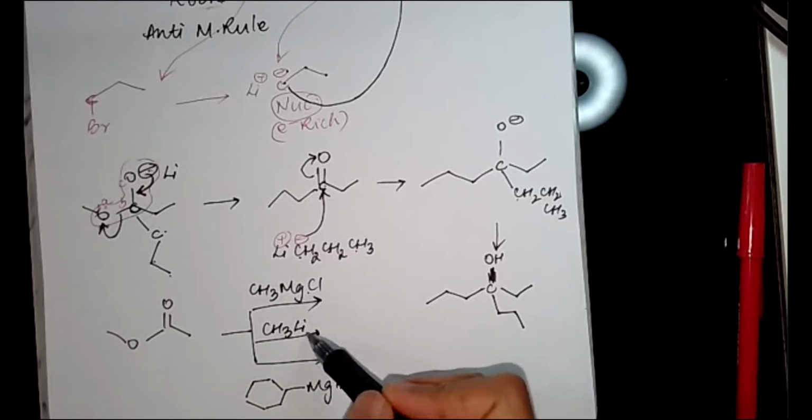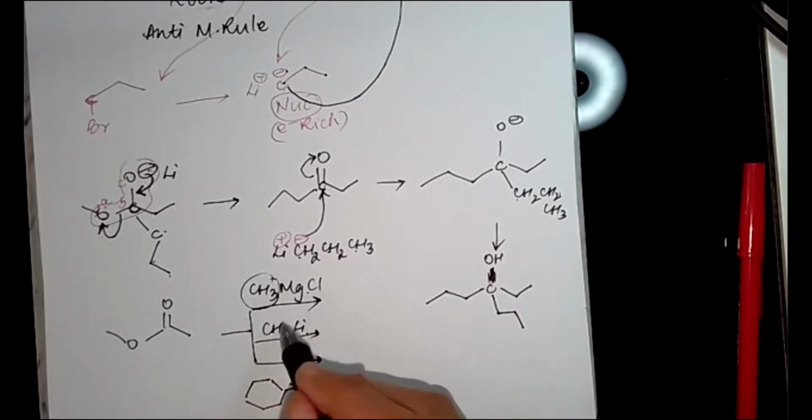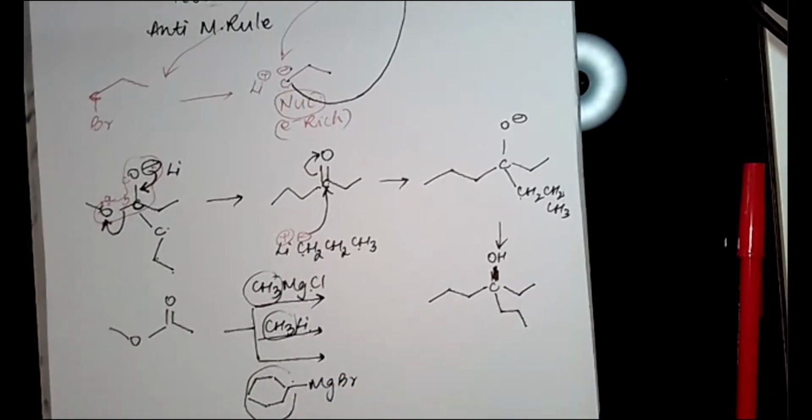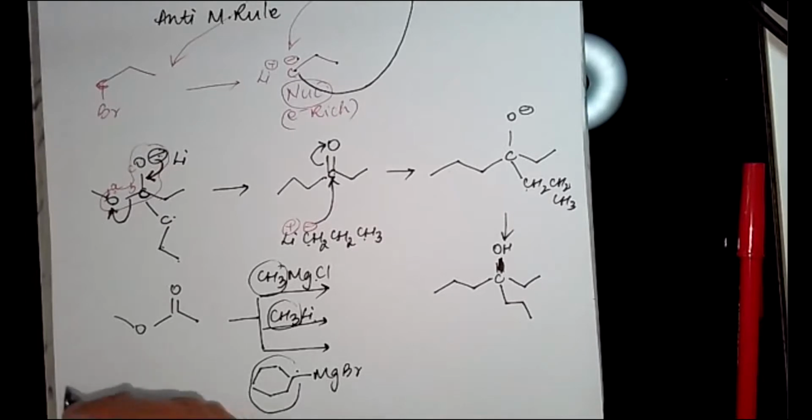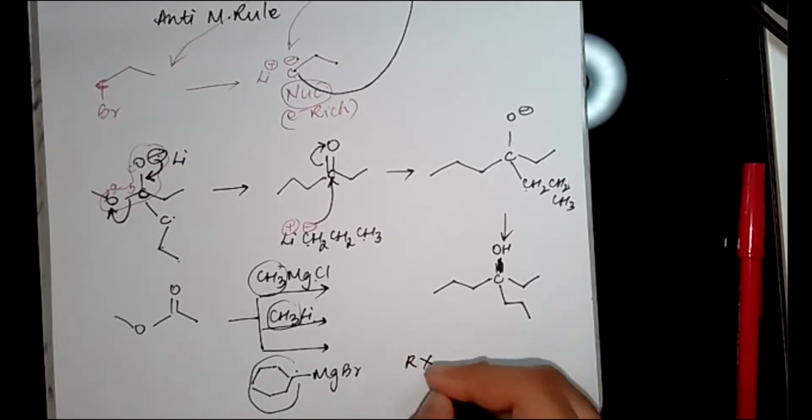So how do we know how to form these? This is my R group, this is my R group, this is my R group. I just need RX. What is X? X is my leaving group.